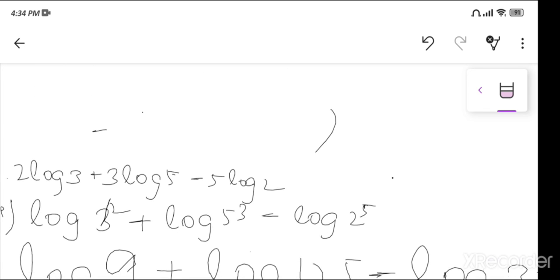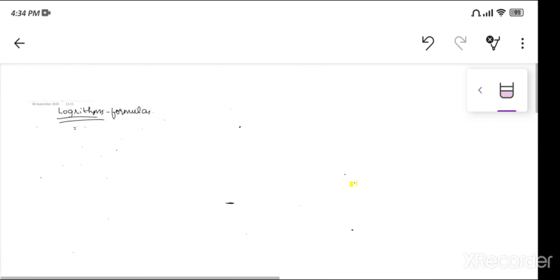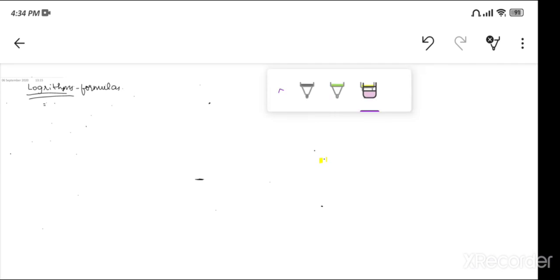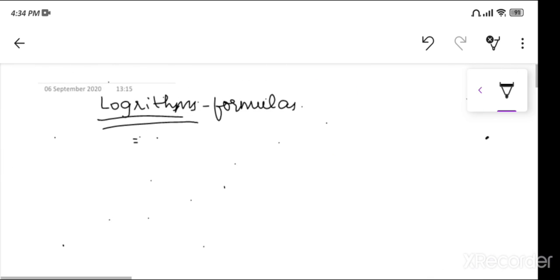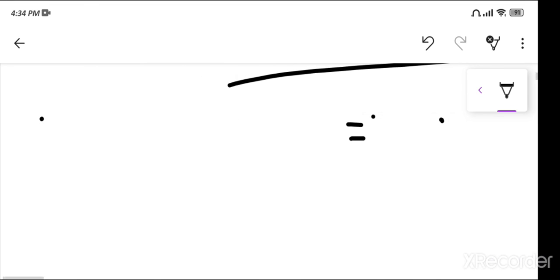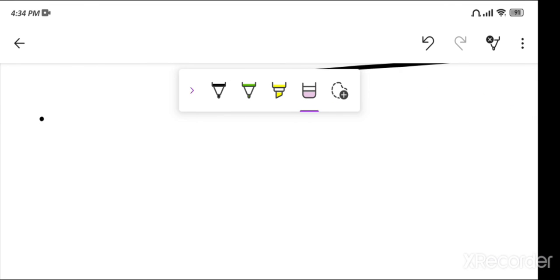Bear with me, I'll complete this today. Alright, I'm just going to rub till there. I'm going to super zoom in to the logarithms. Let me rub off this and this.